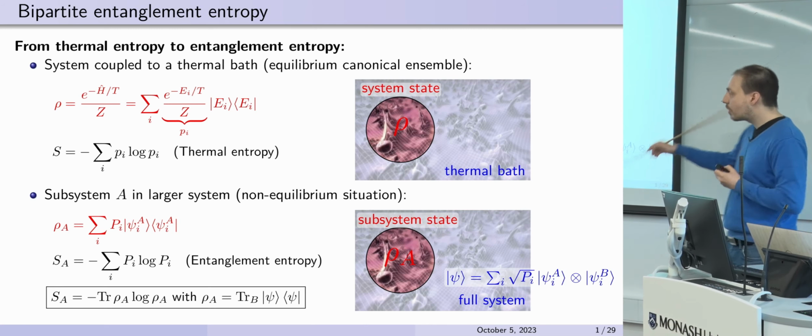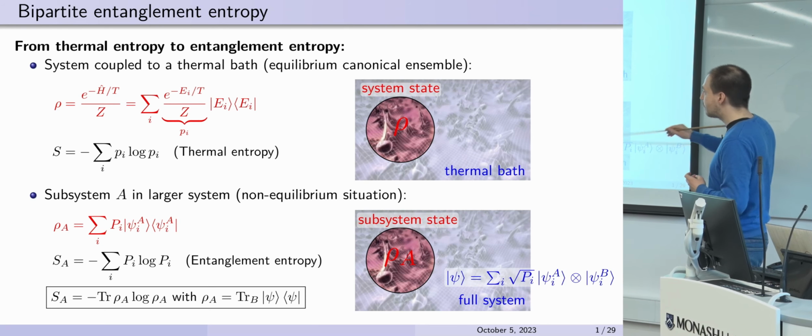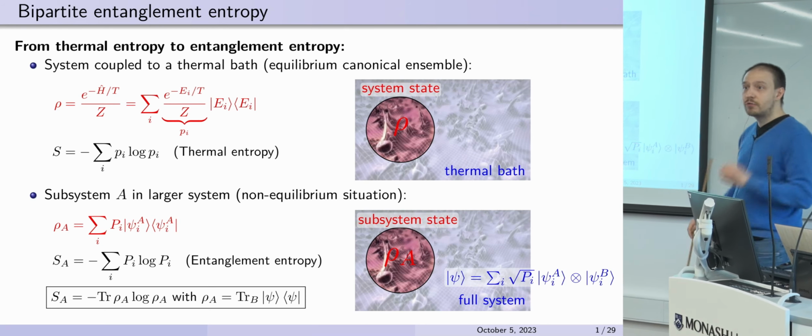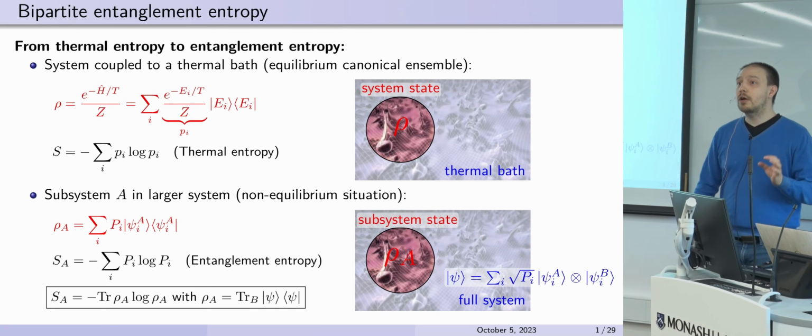What this non-negative real number tells us is how many quantum correlations there are between the subsystem and the complement, really statistical correlations that you cannot explain by just classical statistics. This quantity we will be studying from various perspectives in this talk. So this is the bipartite entanglement entropy.